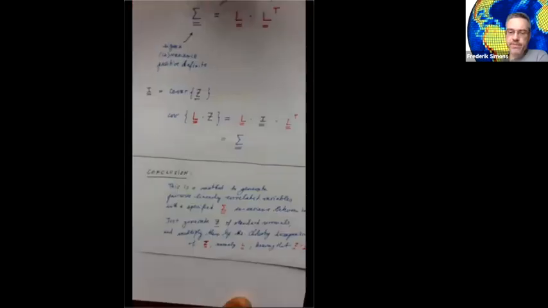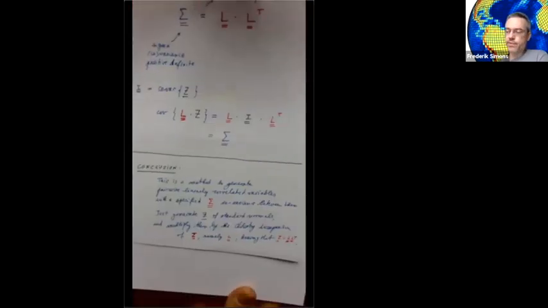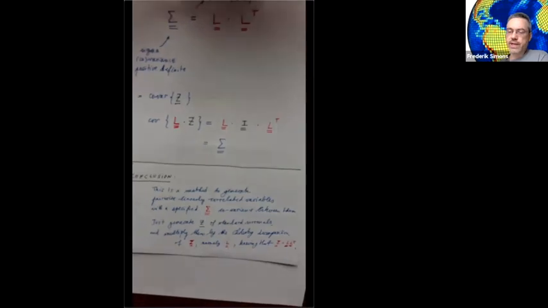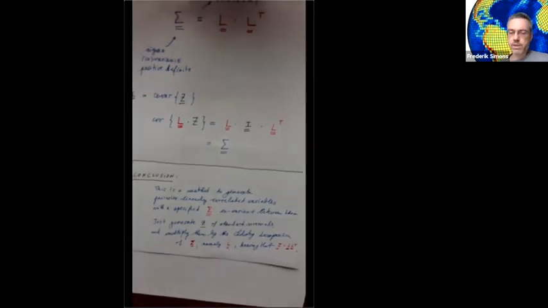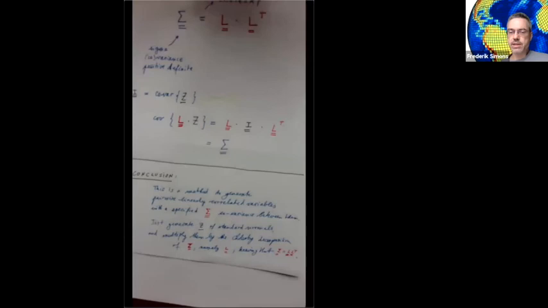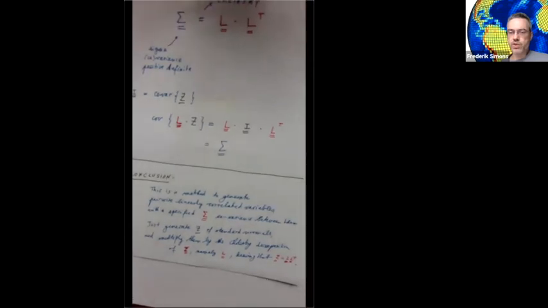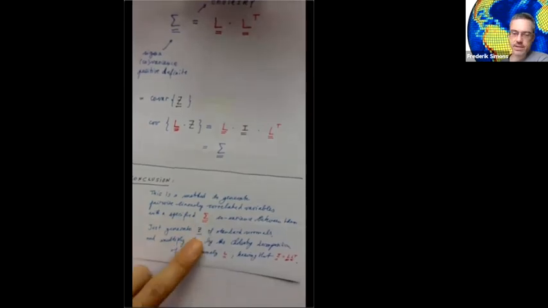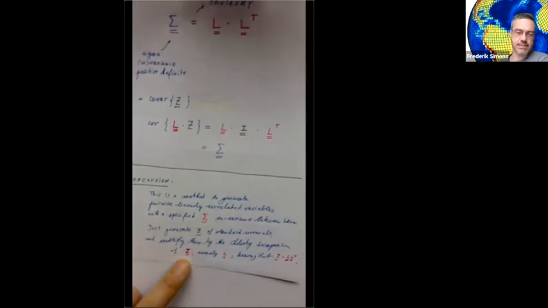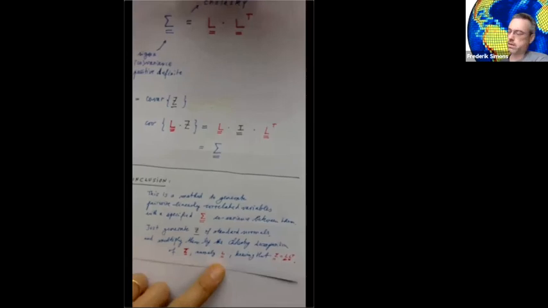So I'm writing the follow, right? I went through vectors of random variables, multiplying them by matrices that are linear combinations. Now I'm saying, if you want to generate pairwise correlated variables with a certain specified sigma between them, just generate z standard normals, multiply them by the Cholesky decomposition of sigma, which is L, which by definition sigma is L times L transpose.